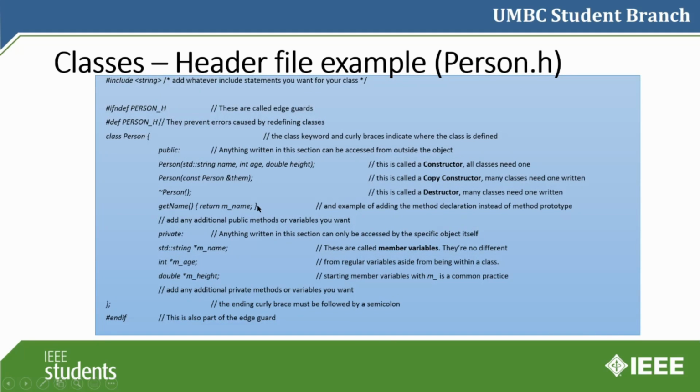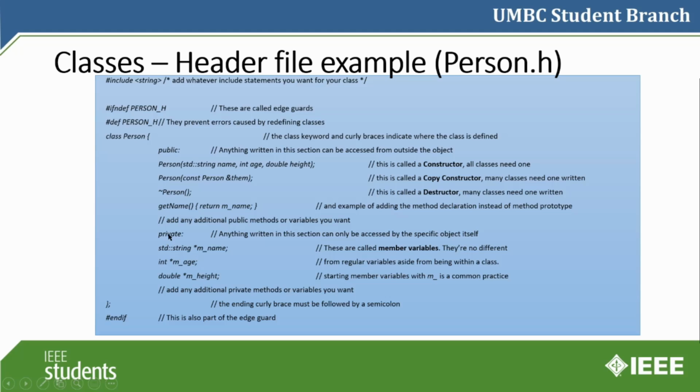This is an example of a person header file that I typed up quickly. And in here you can see there are two sections, the public section and the private section. Everything in this public section is things that can be accessed from outside of the class. This would be things like methods that you call from instances of the class, which we'll cover a little later, to also variables like the ones from structs.